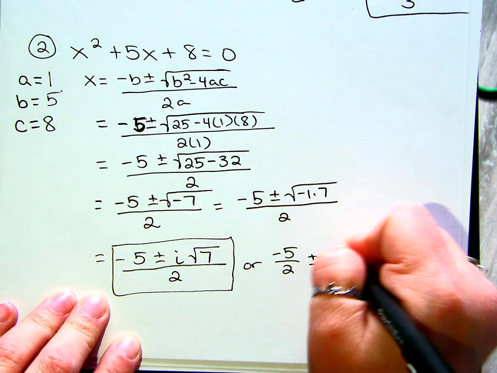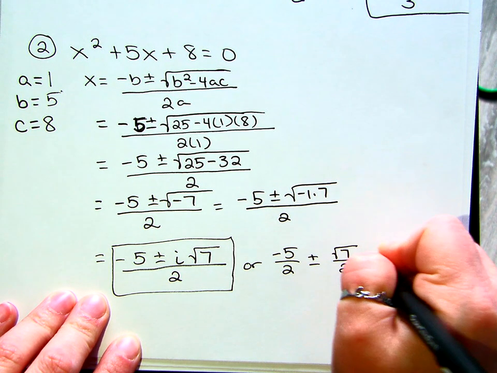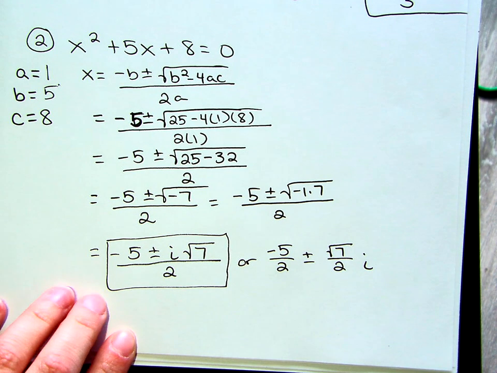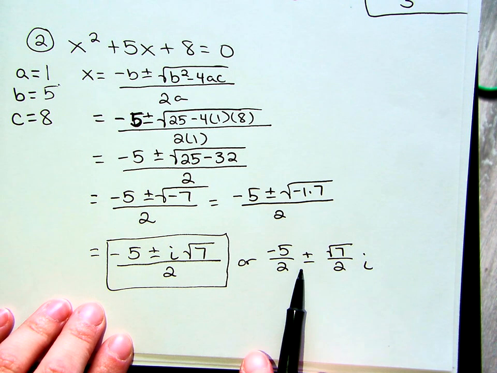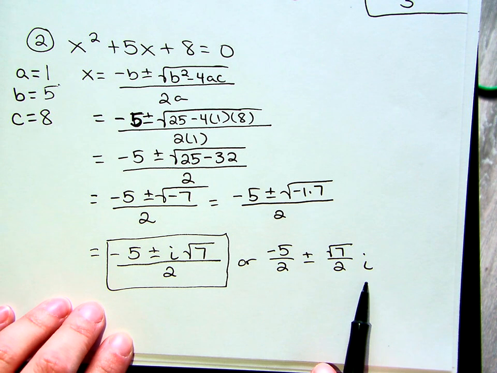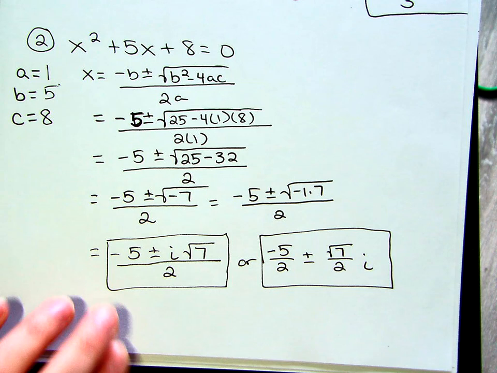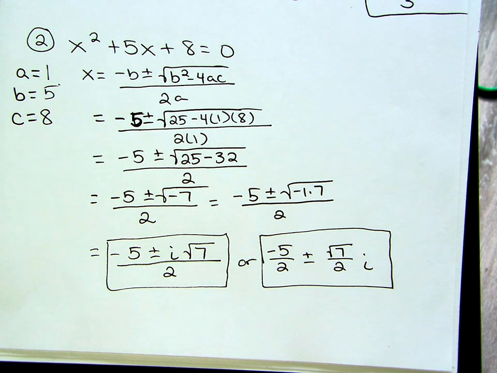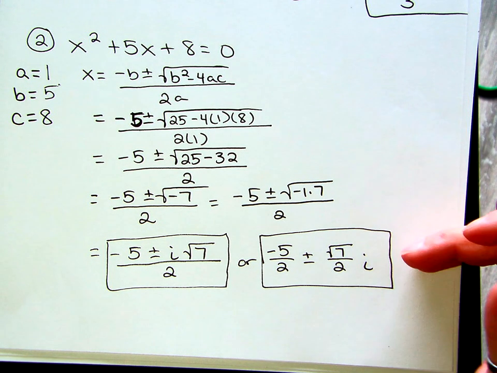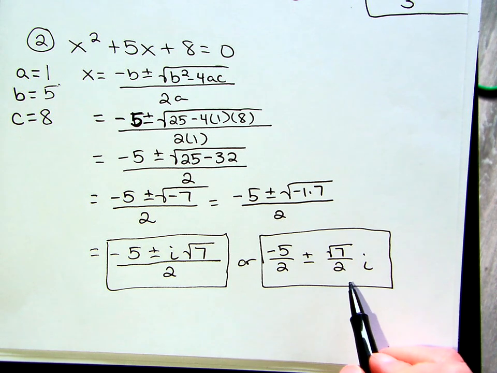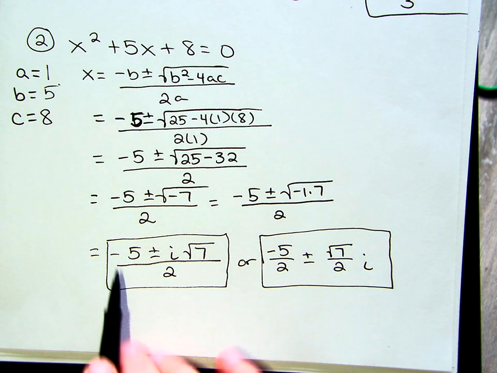Because remember, we usually write our real part plus the coefficient and then our imaginary unit. These are exactly the same answer, and I have no problem with either one of them. If you want to write it like we did in 3.1, then this is the way you would do it. I usually leave it like this. I believe your homework is fine with either one.